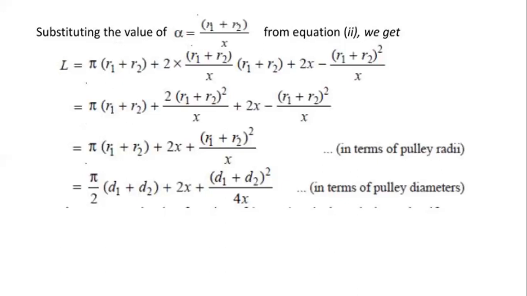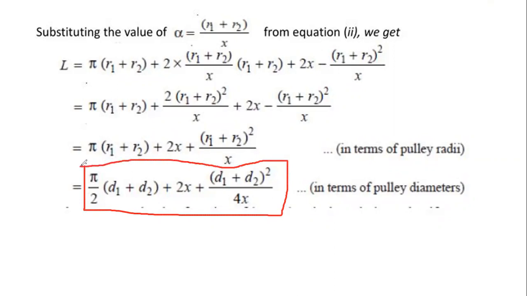It is taken as pi by 2 into D1 plus D2 plus 2x. So this is the final obtained value for the length of the closed belt drive in terms of diameters.